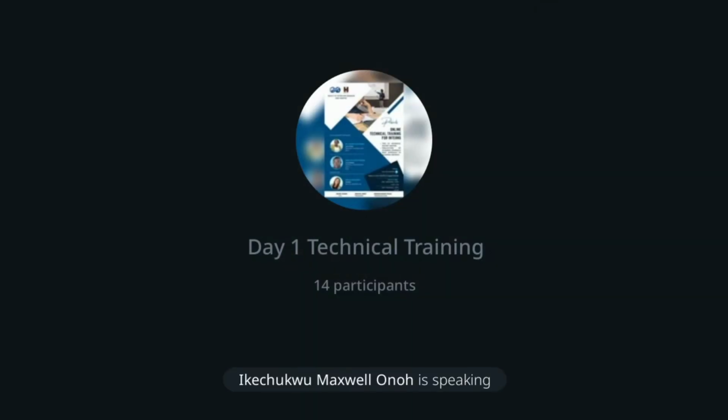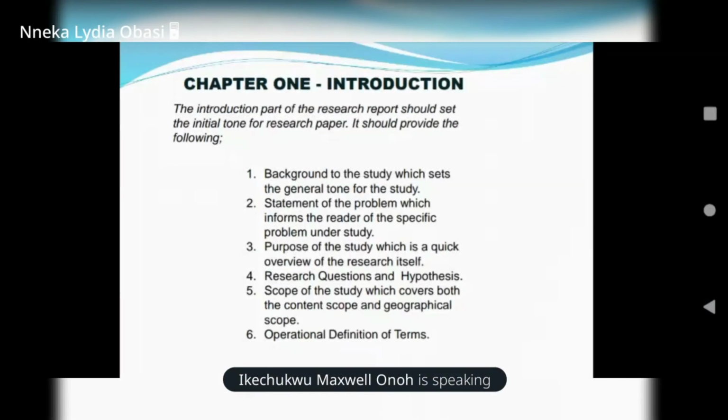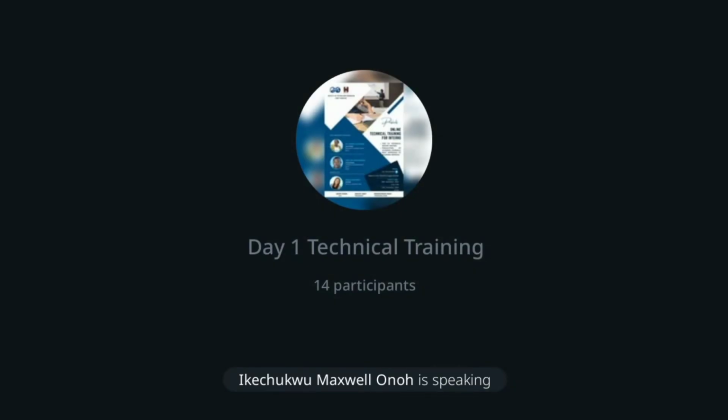For me to achieve this, these questions need to be answered. And for me to answer these questions, research questions, I will establish this hypothesis. Like I earlier mentioned, research is endless, so you must establish a limit to your study, which is the scope of the study. If you don't establish a scope, then it simply means that your research is endless.